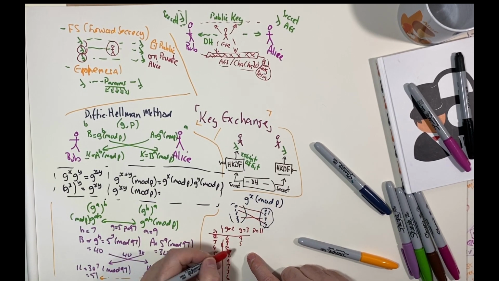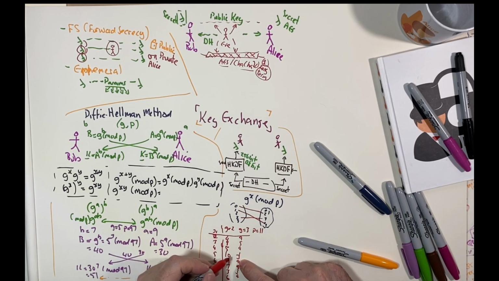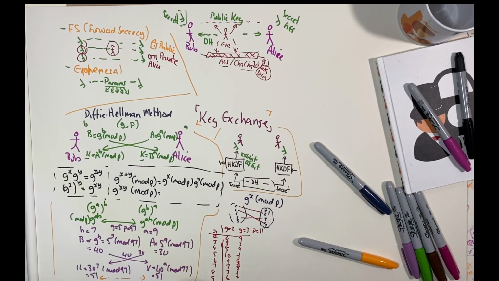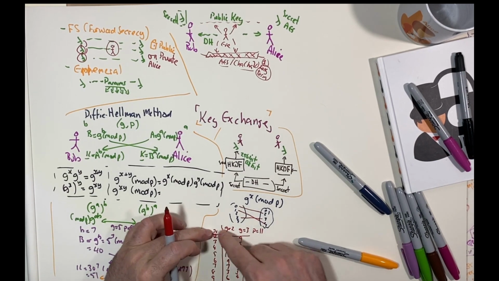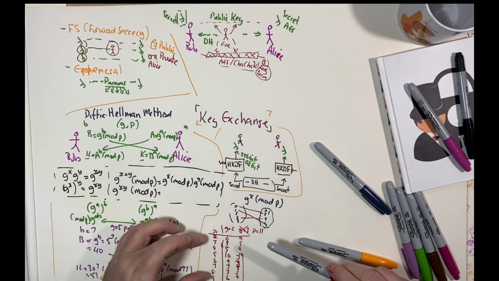Then we get 5, 4, 1, 3, 9, 5, 4, 1. I've missed one out there, but the main point here is that we can see that the values are repeating within all of the values of x. So g equal to 3 would not be possible.